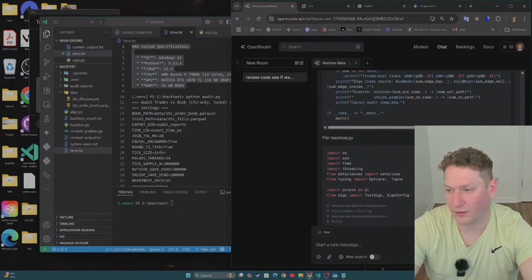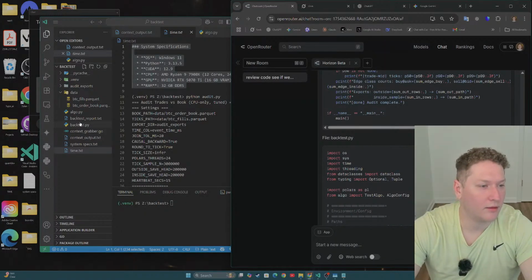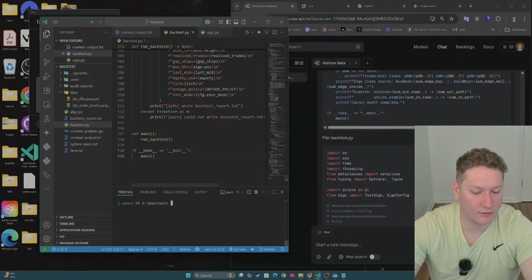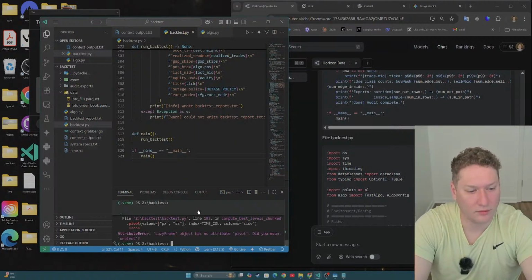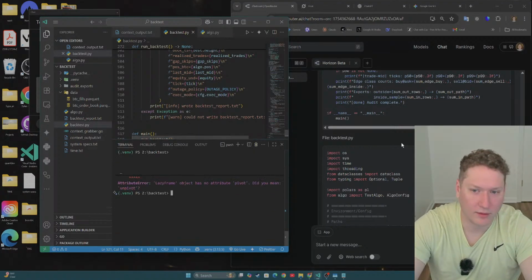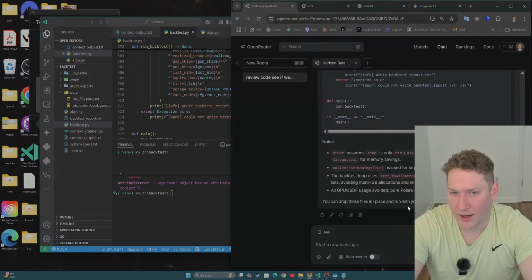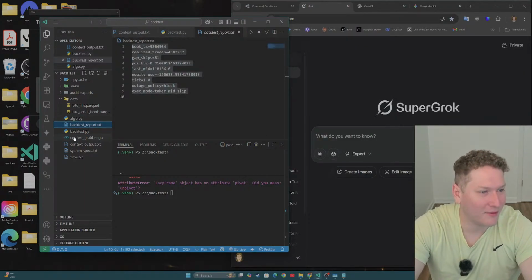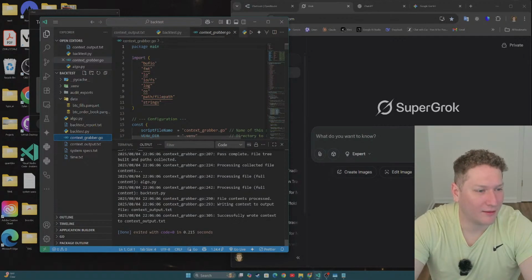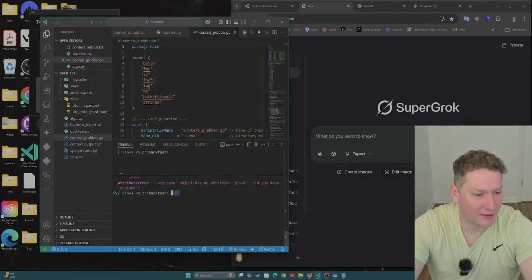And let's go. Okay, so it optimized, but it optimized bad. Bad optimization.